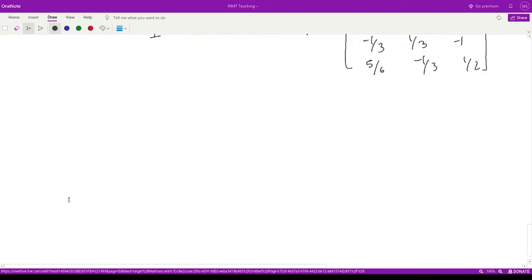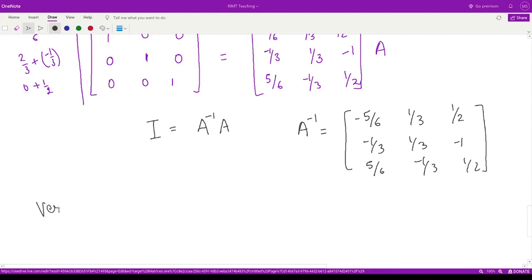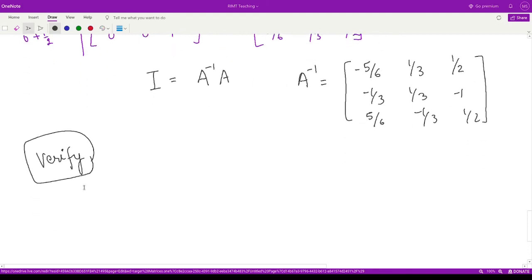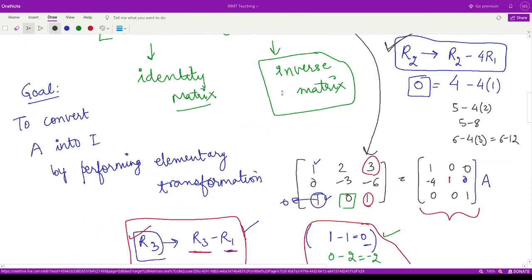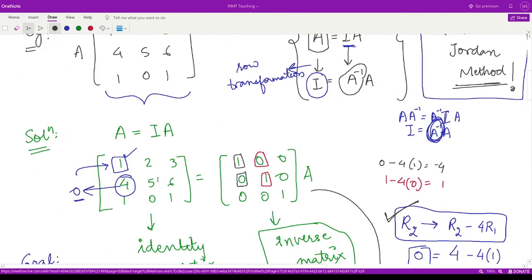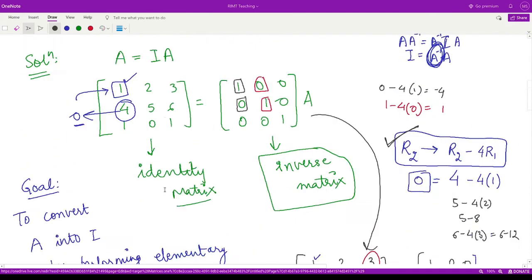Now next thing we can do is verify whether the inverse of the given matrix is correct or not. For that, we can multiply the given matrix A into the obtained matrix A inverse. So let's have a look. What was our matrix? Our matrix here was 1 2 3 4 5 6 1 0 1. So let me copy it down.